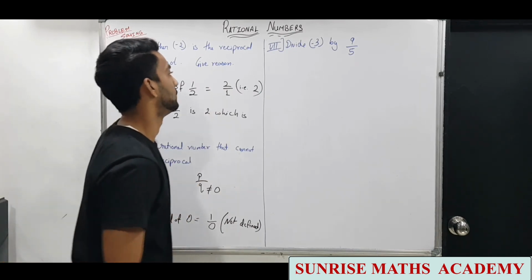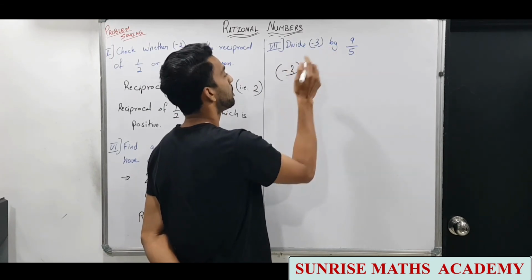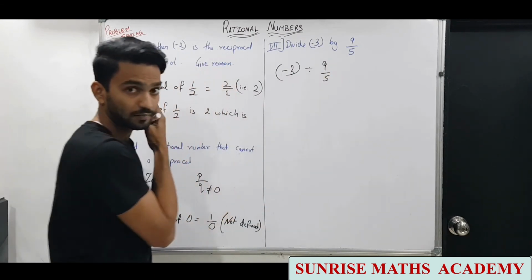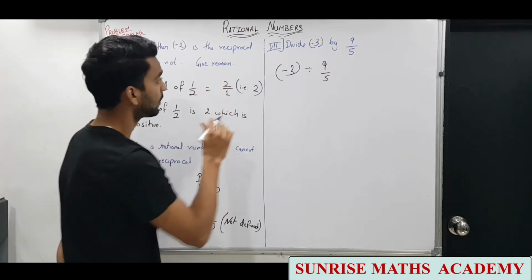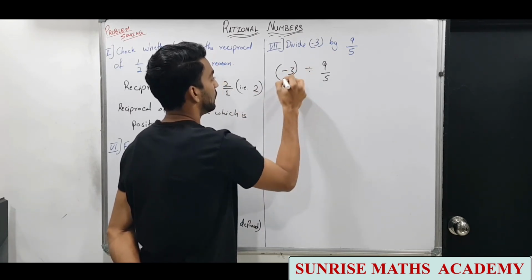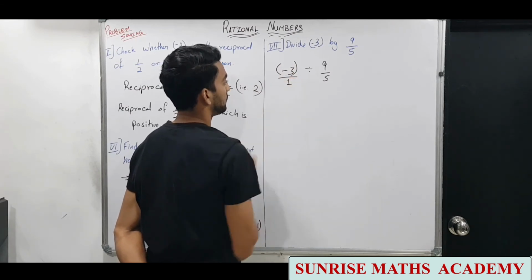Next is divide. अब divide में this is given, divide minus 3 by 9/5. So इसमें if we write the denominator here, this is 1.